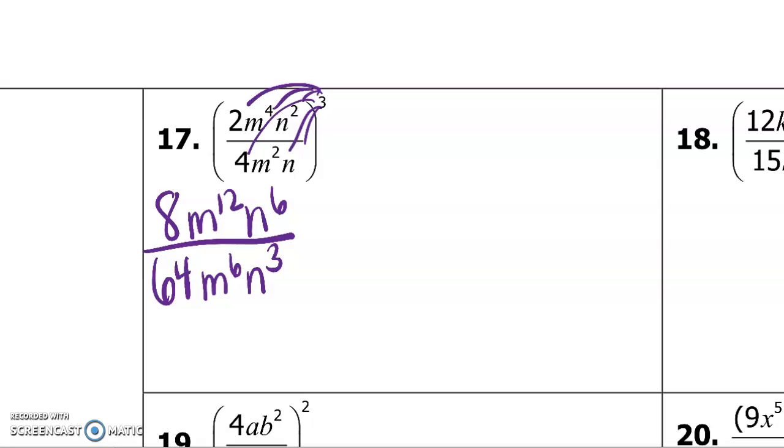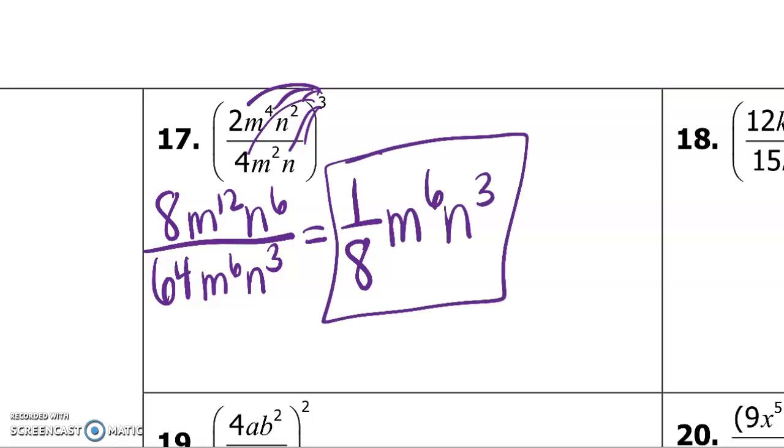So you have to distribute, technically, that 3, that cubed, to every single part of the fraction, top and bottom. Then we can simplify. 8 over 64 becomes 1 over 8, m to the 6th, n to the 3rd for your final answer.